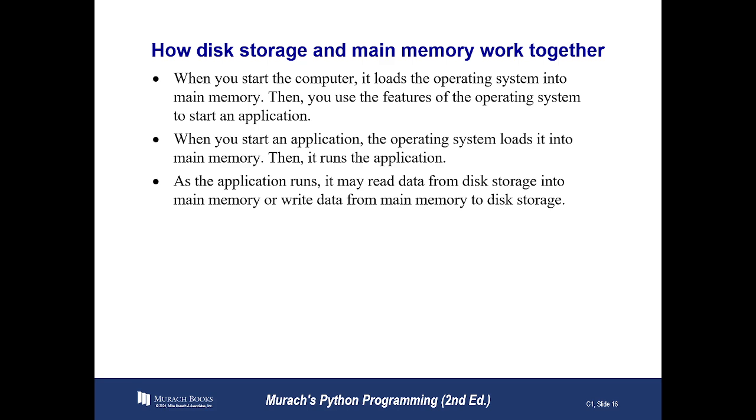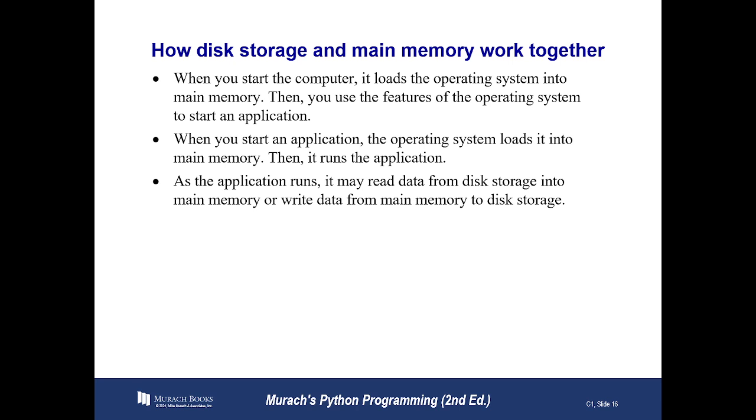The application, as it runs, the last bullet point there, says that it may read data from the disk storage into main memory, or RAM, or real memory; there are different ways of referring to that. Way back, old timers who used mainframes would call it core, I think.